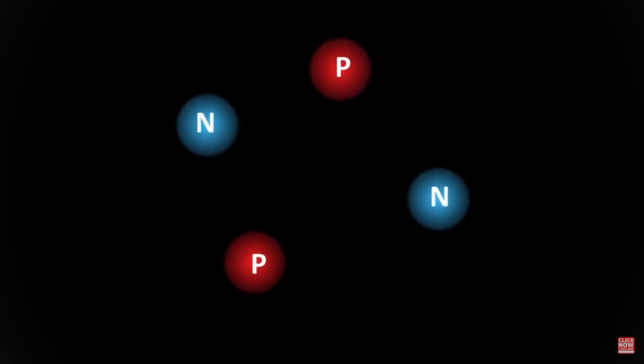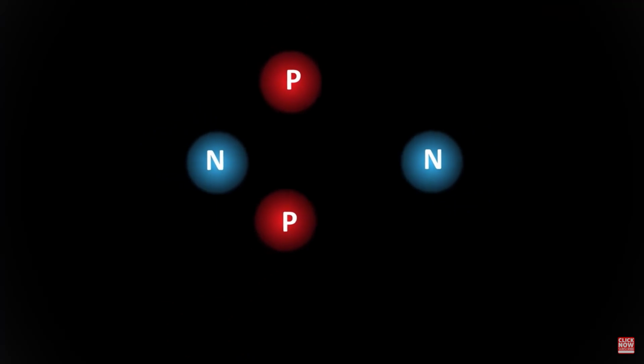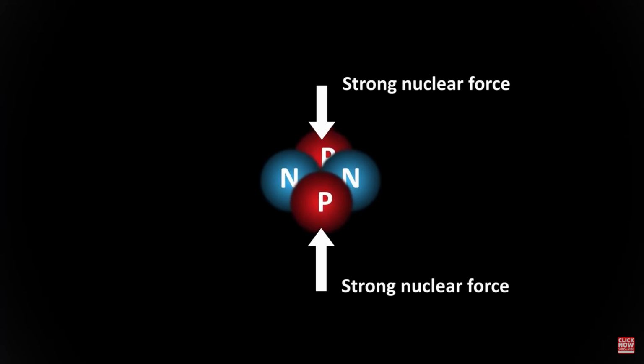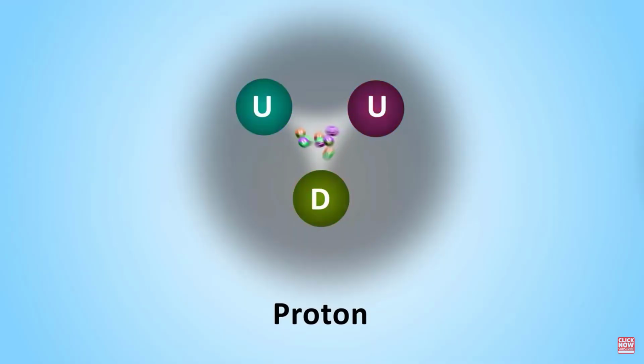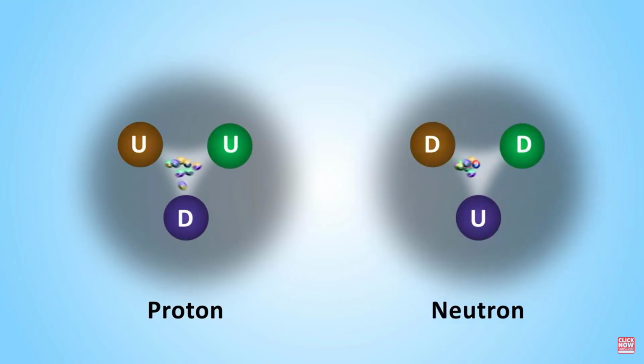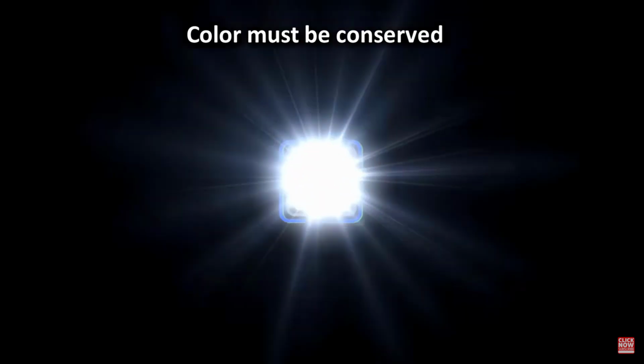The reason that these protons don't fly apart is because they're kept glued together by a force that is even stronger than electromagnetism, about 100 times stronger, called the strong nuclear force. It is the strongest force in the universe at the scale of the nucleus. This force is not simply the opposite of electromagnetism, but works through an entirely different mechanism, which, unlike chemistry, is typically not taught at the pre-college level.